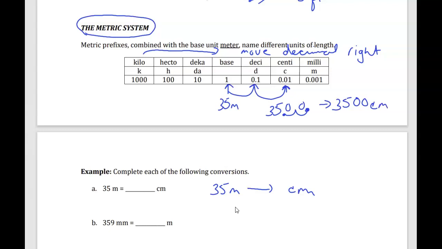This is the exact same thing as using that dimensional analysis of meters. 1 meter is equal to 100 centimeters would give us 3,500 centimeters.